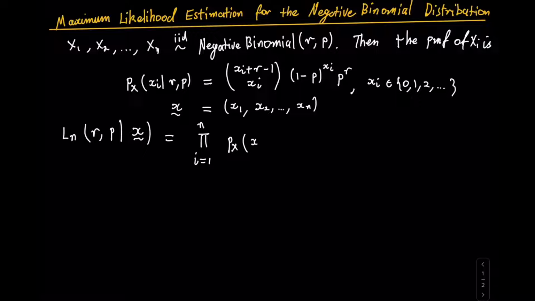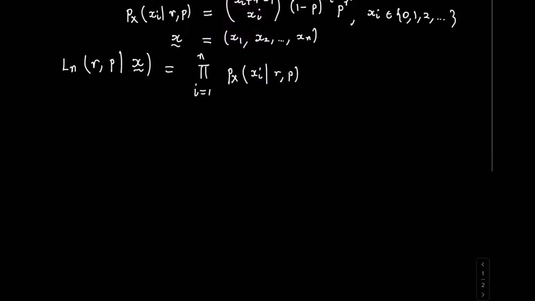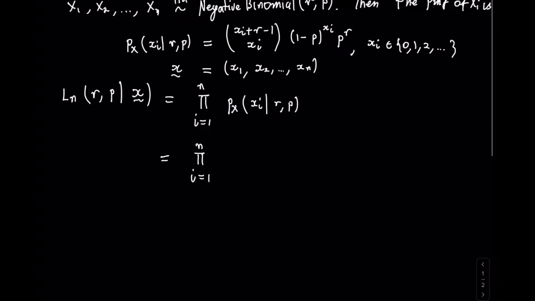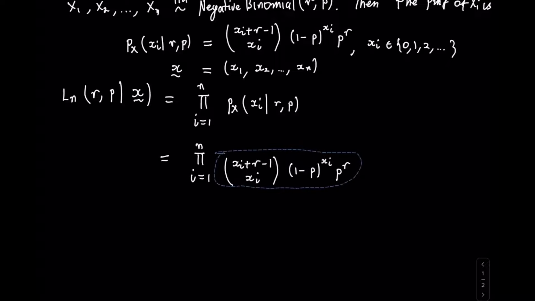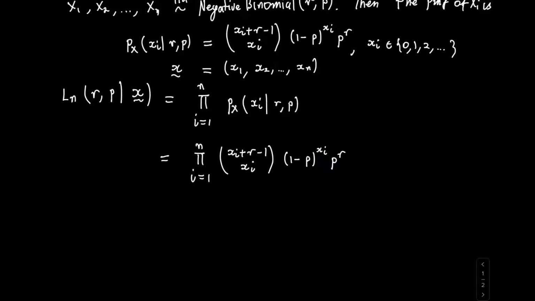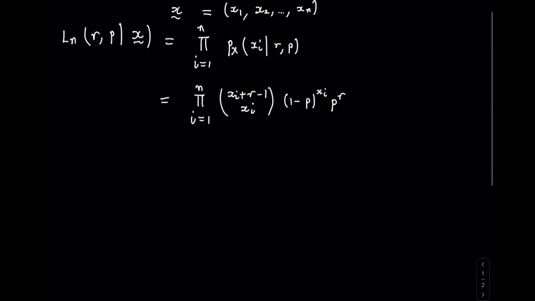So I'm just going to write that down here. We can then do some substitution. That's i equals 1 to n, and let me copy and paste that function there. It's the product of those functions there.